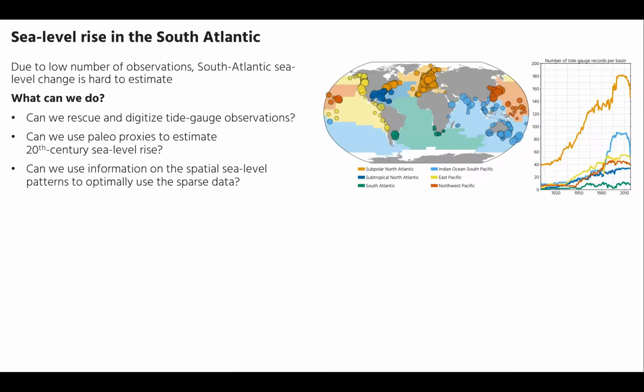I'm wondering, as you and your colleagues have worked to improve data availability, both rescuing archival records like from Dakar, but also bringing in paleo proxy records, if you can go beyond the assumption that a lot of past studies have made, which is just to take the Thompson and Merrifield regions, and essentially make a test of their region.